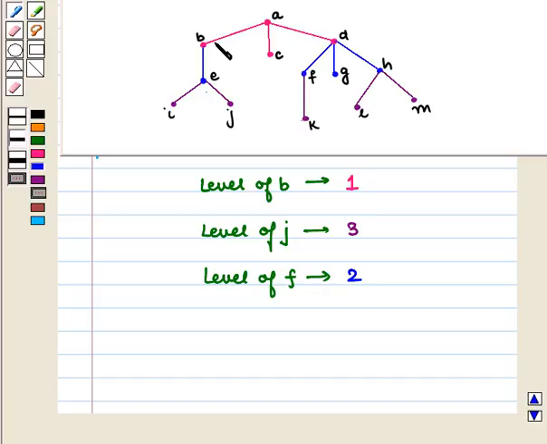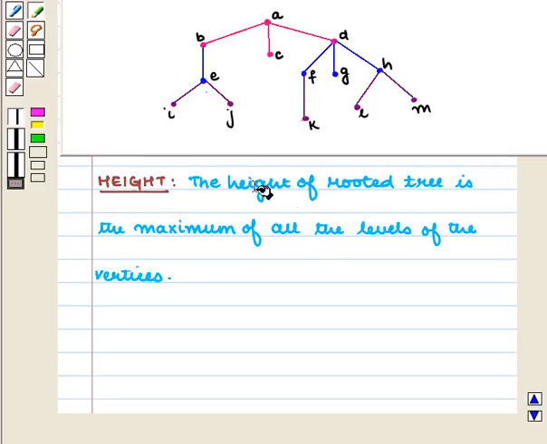Level of B is 1, level of J is 3 and level of F is 2. The height of a rooted tree is the maximum of all the levels of the vertices.